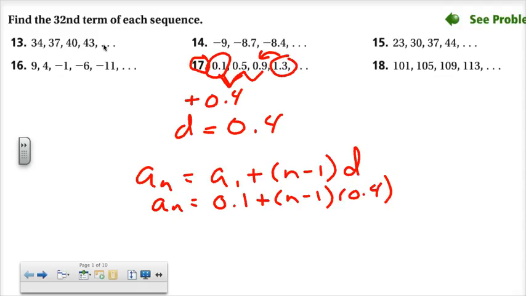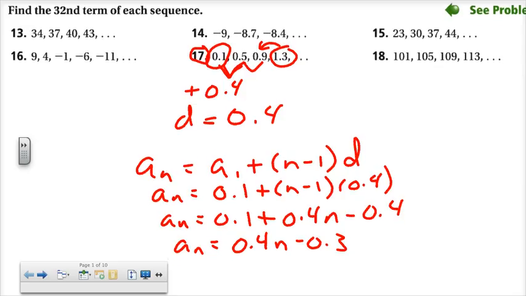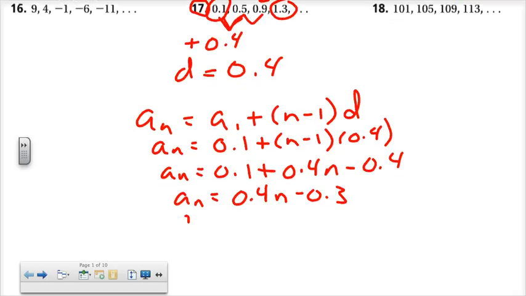Now we're going to distribute from the right-hand side. So that will give us 0.4n minus 0.4. And then we'll just go ahead and clean this up by putting the n term in the front and 0.1 minus 0.4 in the back. And now we can find whatever term they want. And they asked us for the 32nd term.